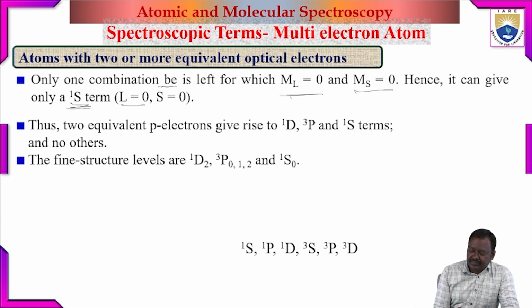Okay, so the two equivalent p electrons give rise to 1D, 3P, 1S terms. The fine structure levels of these terms can be written as 1D2. Why? Because for 1D, S equal to 0 and D means L equal to 2, then the J value you can obtain as 2. So 1D2.